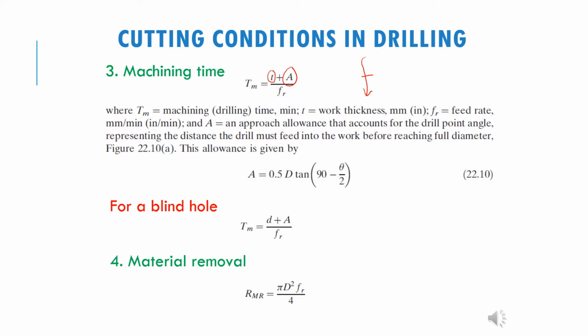For allowance, A equals 0.5 d tan of (90 minus theta over 2). This is how you calculate the A value. For a blind hole, you change the T to D, which is the depth of the hole. And for material removal rate, you can use pi d squared fr over 4.